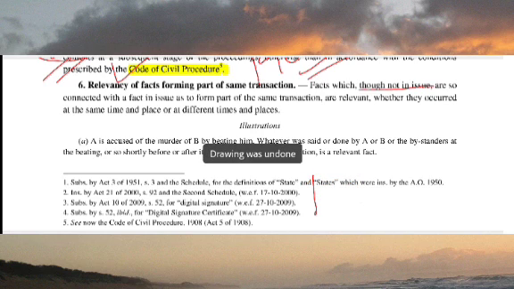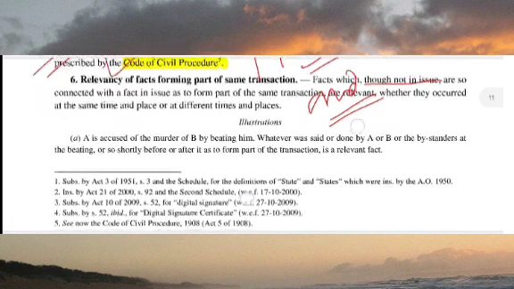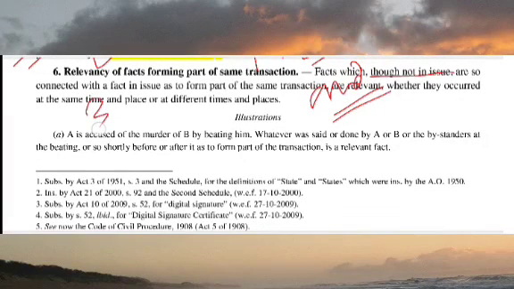So they are not in issue, but they are so connected as to form part of the same transaction with the fact in issue, and are relevant whether they occurred at the same time or place or at different times or places. Then comes the illustration. Again, the same Section 302 illustration, beating him. Whatever is said or done by A and B or the bystanders at the beating, or so shortly before or after it as to form part of the same transaction, is relevant.